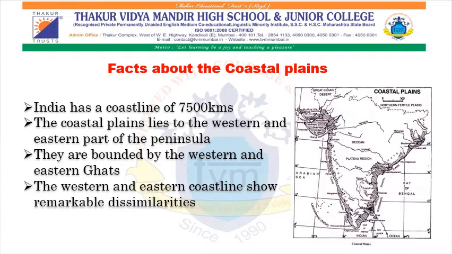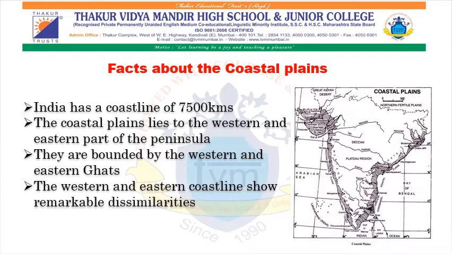The fourth important physical division of India is the coastal plain. Here in this map, we are able to see the eastern coastal plain and the western coastal plain. India is blessed with a long coastline extending for approximately 7,500 kilometers.